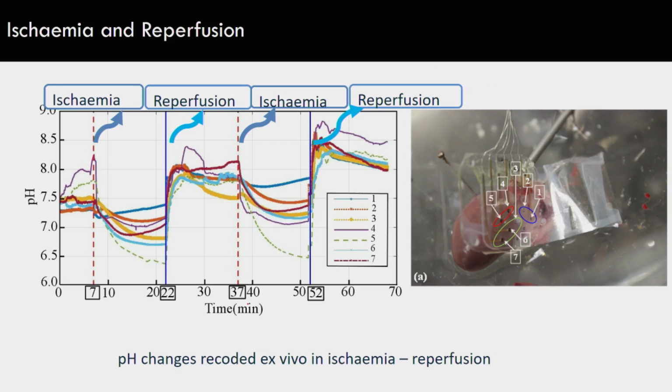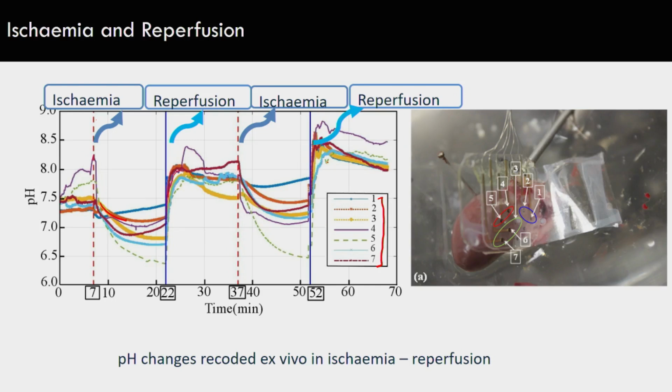So we had around 7 microneedles on the array, and you can individually monitor them. Here you are inducing the ischemia, pH goes down, reperfusion, pH increases, then goes down, increases.